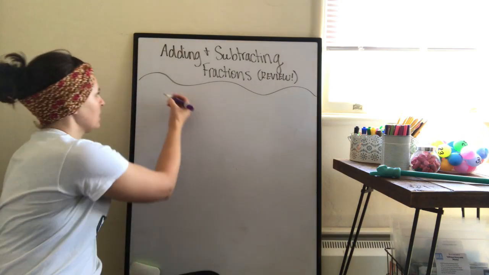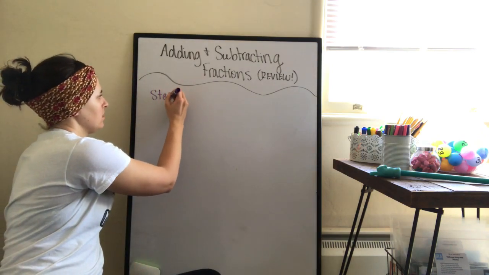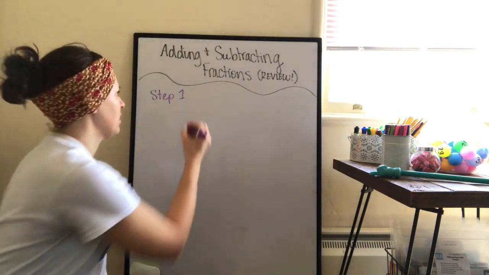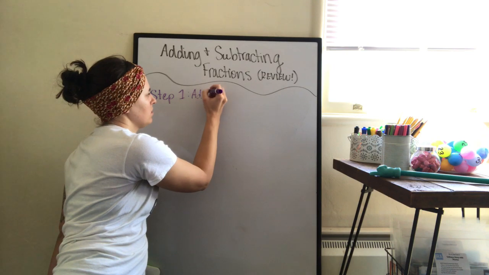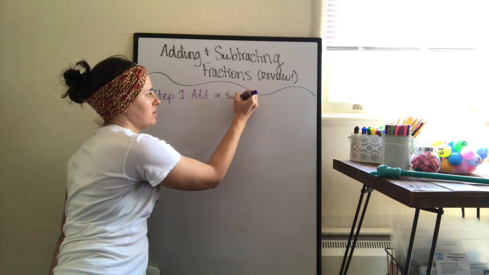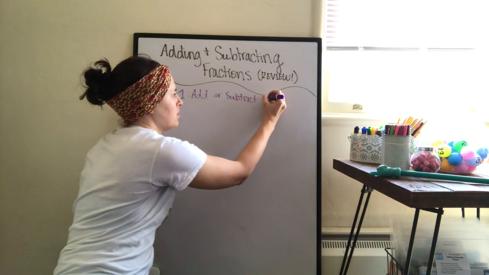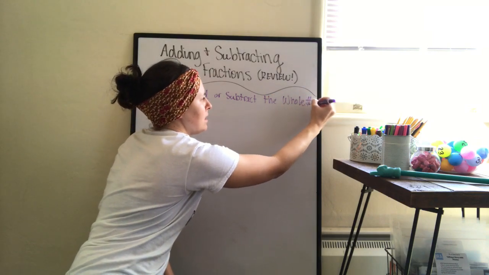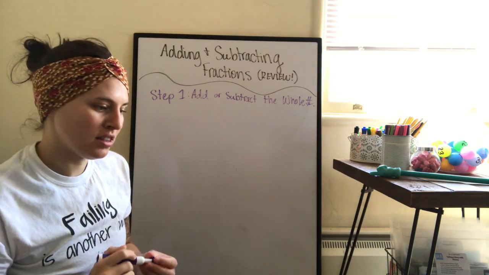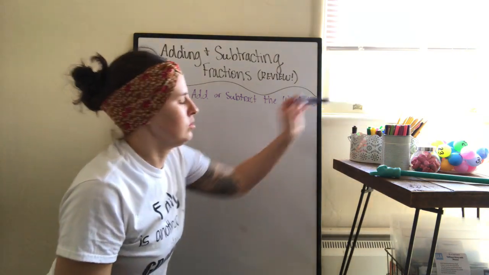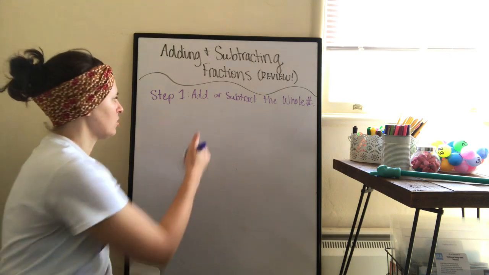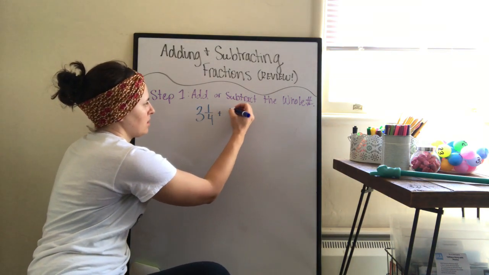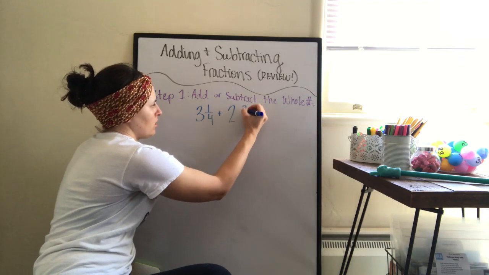So, step one for adding or subtracting fractions is going to be add or subtract the whole number. I don't have enough room, so we're making a number sign. The whole number. So let's do an addition problem first. 3 1/4 plus 2 2/4.